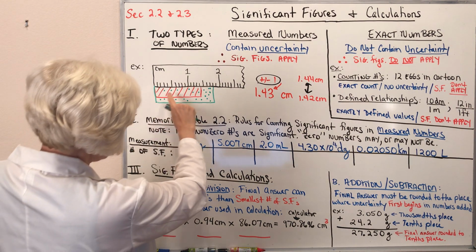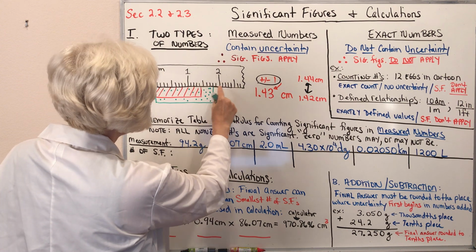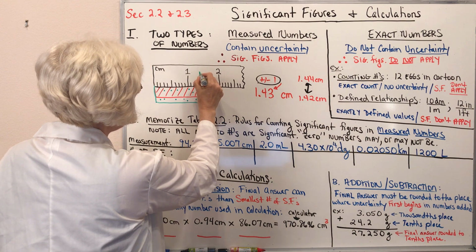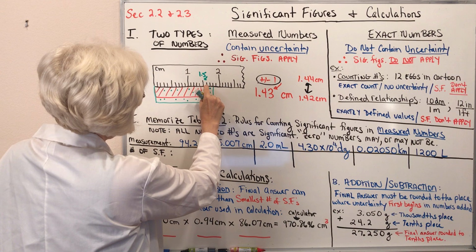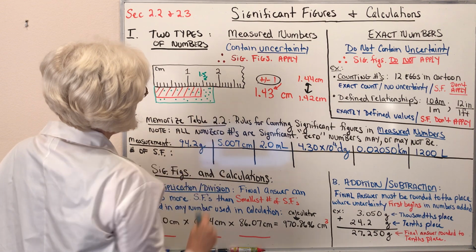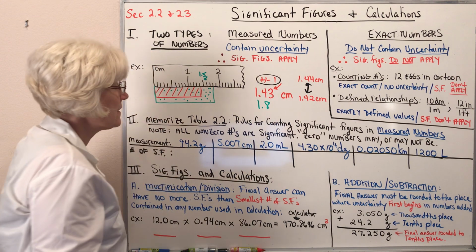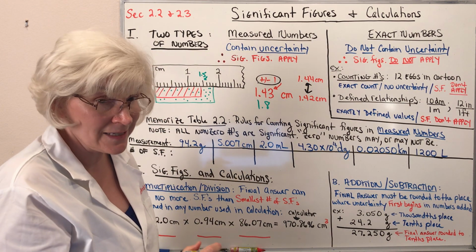So again, we're looking at the object, the instrument, and counting here. Here is our 1.5 centimeter length, 1.5, 1.6, 1.7, 1.8. So it looks like the object has a length of 1.8 centimeters.